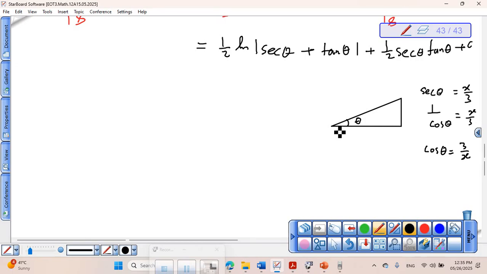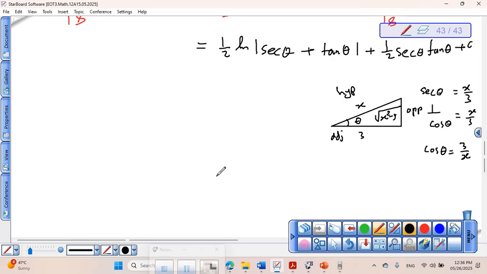This is adjacent, 3, and this is the hypotenuse, x. The opposite side equals radical x squared minus 9.